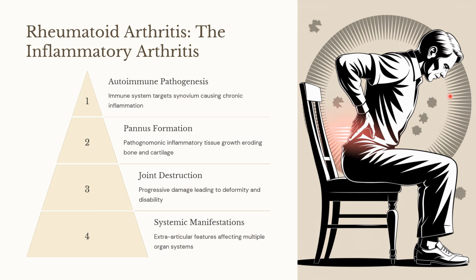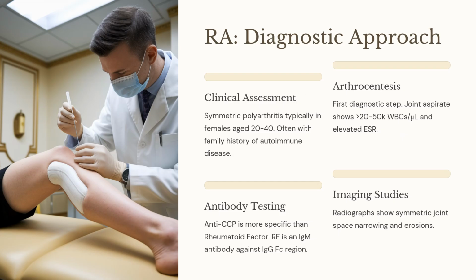This new tissue will erode the underlying normal bone as well as cartilage, leading to joint deformity, joint stiffness as well as pain. So this is the autoimmune pathogenesis: how it affects, how the pannus is formed, and how it causes joint destruction. Along with the joints, it will also result in problems in multiple organs.